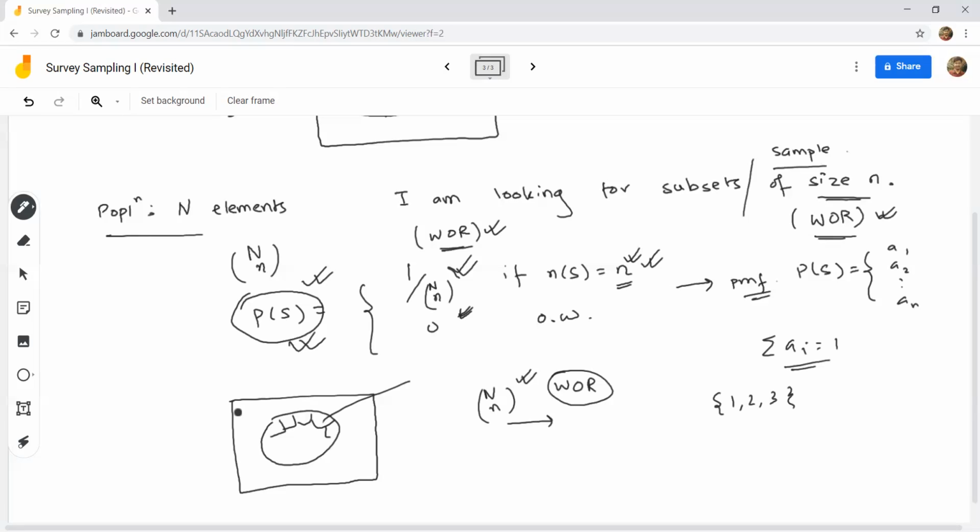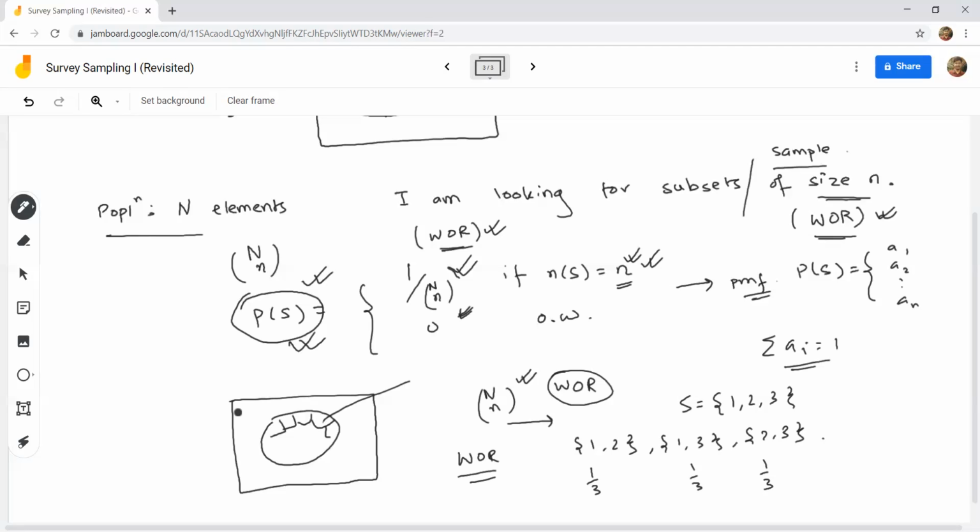This is my population now. What are all the possible two element subsets? This might be 1 2, this might be 1 3, and this might be 2 3 as well. So there are three possible subsets. What this WOR rule does is that it assigns equal probability, one third, one third, one third, to each of these subsets.